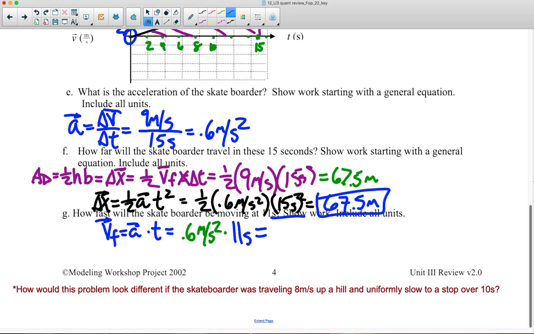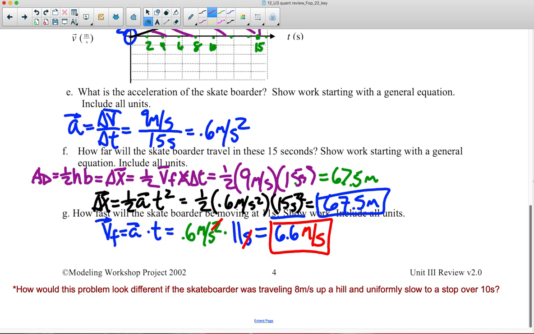And we know 6 times 11 would be 66, so 0.6 times 11 would be 6.6. Seconds cancel out here, and we end up with 6.6 meters per second would be the velocity at the 11-second mark. So that takes care of the skateboarder problem.